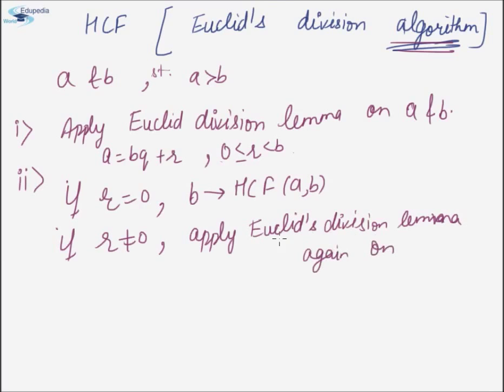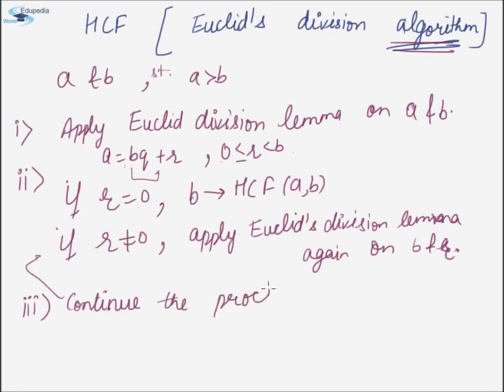On these two values, that is B and R. The third step says continue this process, that is apply again and again Euclid's division lemma till r is equal to 0.